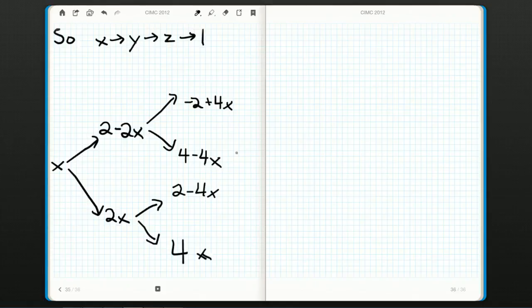Okay, so these ones here in our third column, these represent our possible z values. Now we're going to get our possible values for 1, we'll write them here on this page.